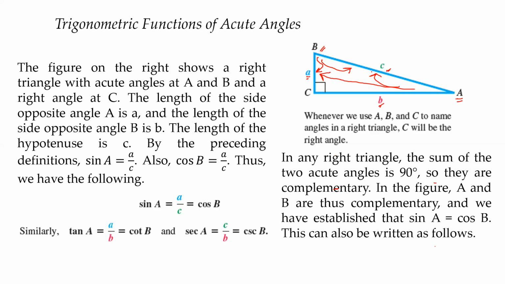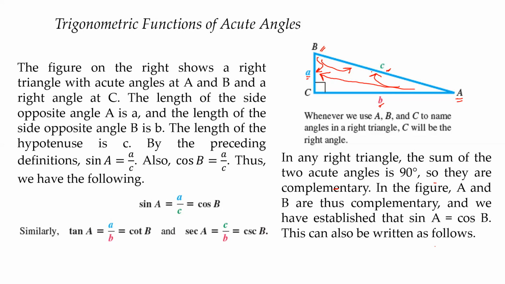So what is the importance of this? Now, in any right triangle, the sum of the two acute angles is 90 because the total sum of all the interior angles of a triangle is 180, right? So if it is a right triangle, one angle is already 90.